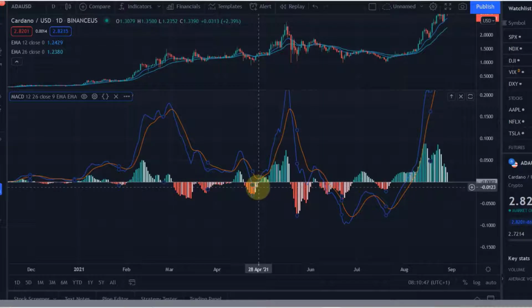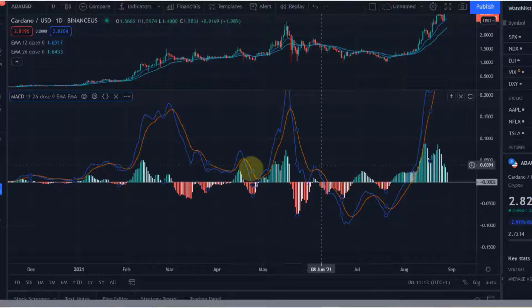When the shorter term EMA, the 12, crosses the 26 to the downside, then the MACD line also crosses the zero line to the downside. And if that crossover happens the other way around, so the 12-day EMA crosses the 26-day, the longer term one, to the upside, then we have a crossover to the upside of the zero line by the MACD line.